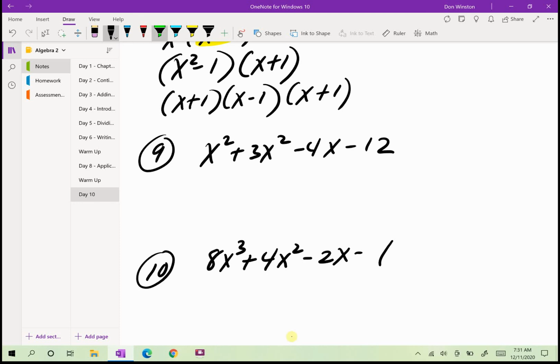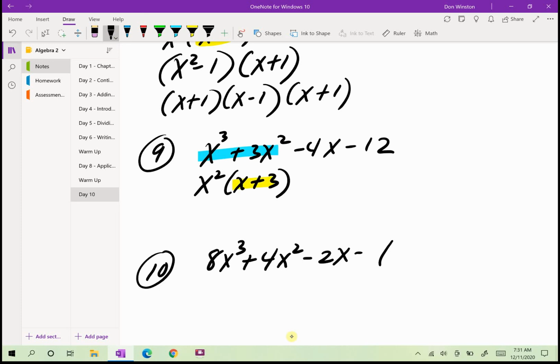Okay, so from the first group here, I can factor out an x squared. Oops, this should be x cubed. I can factor out an x squared. So this is going to be x squared times x plus 3. And then there's my hint, x plus 3.